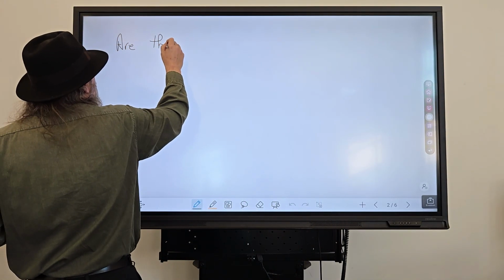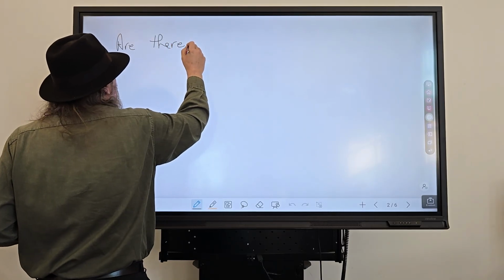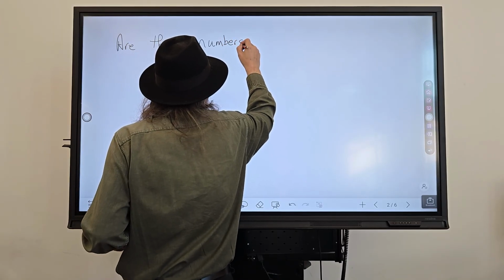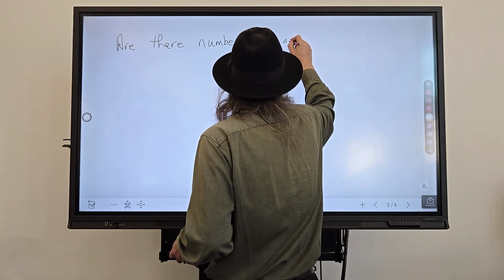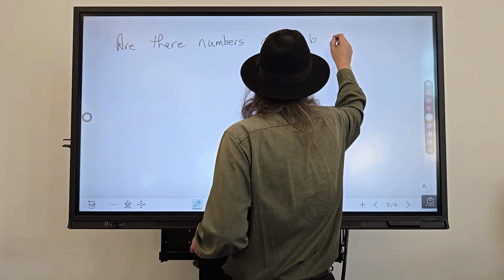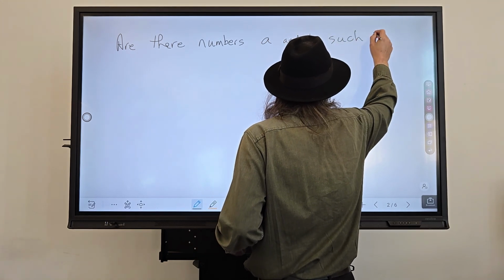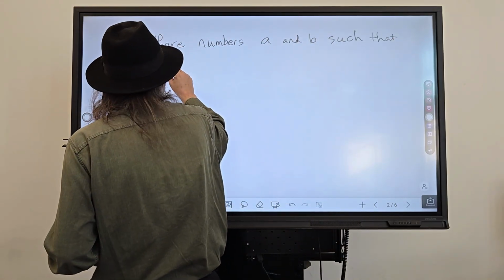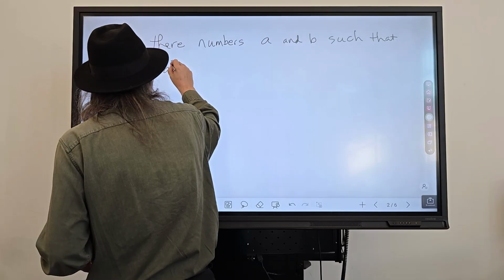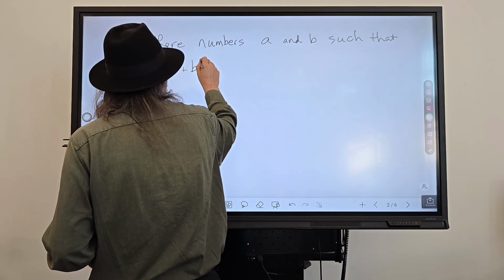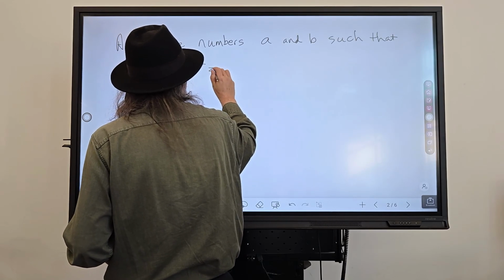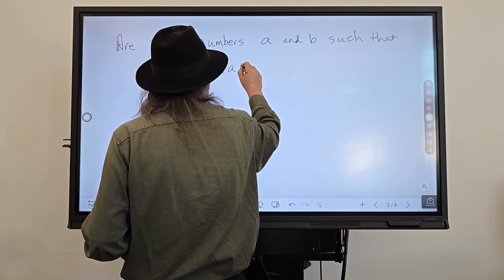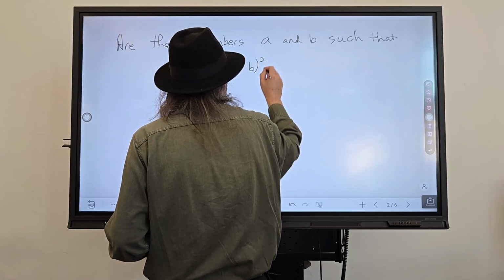Are there numbers A and B such that A squared plus B squared equals A plus B squared?